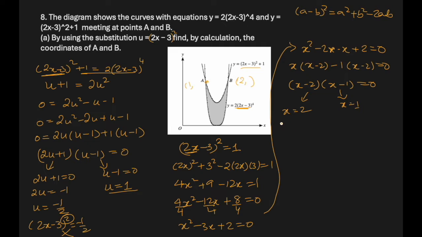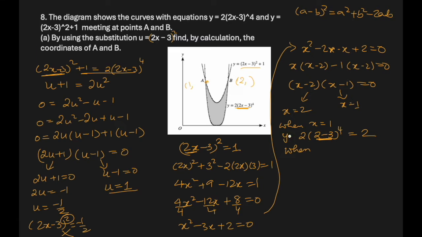When x is equal to 1 in this, 2 times 1 is 2 minus 3 to the power 4. This is minus 1 to the power 4 is 1, so y is 2.